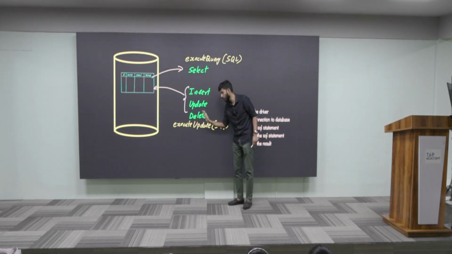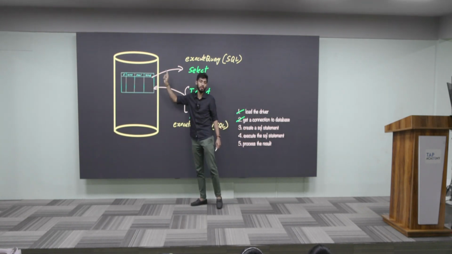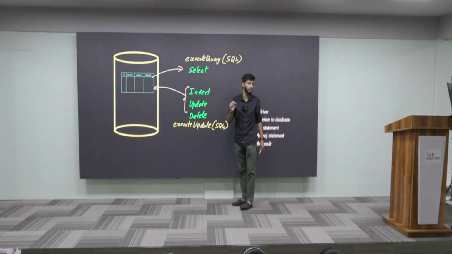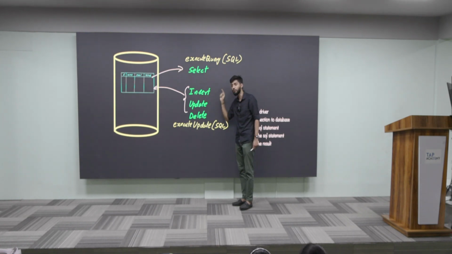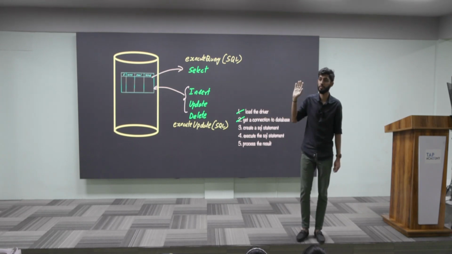Whenever you write execute update, what exactly happens? Some modifications are made in the table. So if any modification is made in the table, this method will return you an integer value, and that integer value is the number of rows where the modification has happened. For example, if you write an insert query, and if you insert one person's data, how many rows get affected over there?